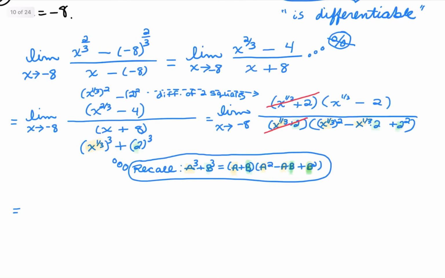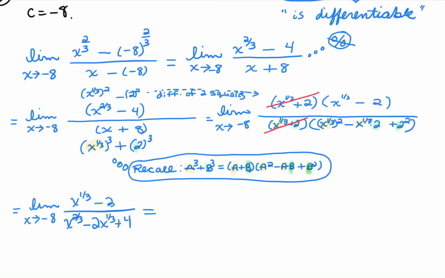We would have our limit as x approaches -8 of, let's first rewrite it, since I do still have my limit notation there. This is going to be x to the 1/3 minus 2 all over x to the 2/3 minus 2x to the 1/3 plus 4.